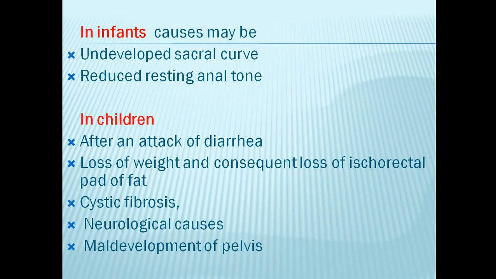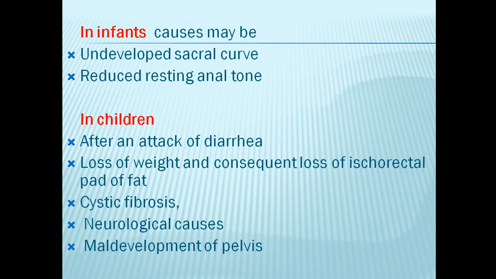So in infants, the causes of prolapse may be an undeveloped sacral curve or a reduced resting anal tone, whereas in children it usually results following an attack of diarrhea, which in turn may lead to loss of weight, leading to the consequent loss of rectal pad of fat.